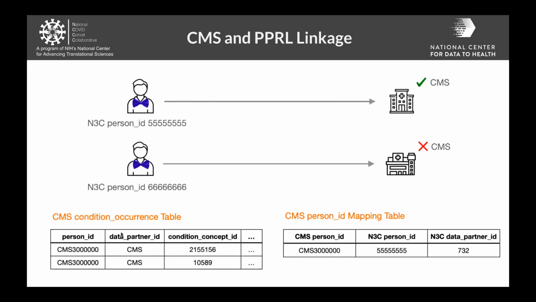But we would have all of the data for this person regardless of where it came from. So this record could actually have happened at this data partner, and this record could have happened at this data partner, but you don't have an easy way to know that because this data partner has not agreed to linking the CMS IDs to their person IDs, if that makes sense.